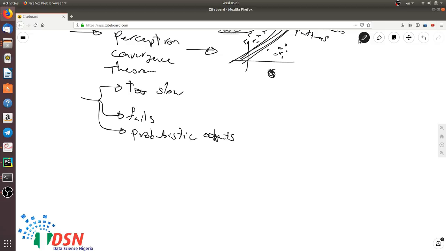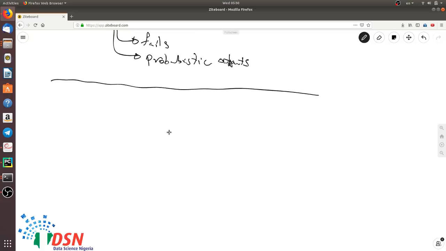So this was the Perceptron algorithm, but now we want to talk about probabilistic discriminative models. As I mentioned, it is very common that we like to have probabilistic outputs.